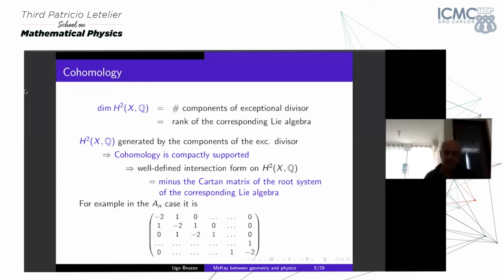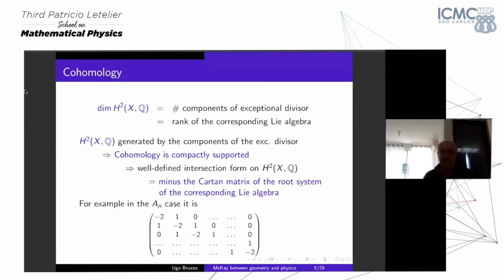So if you take two different components, you have either 0 or 1, according to whether they intersect or not. And the diagonal -2 relates to the fact that there is a well-defined self-intersection for these cohomology classes.